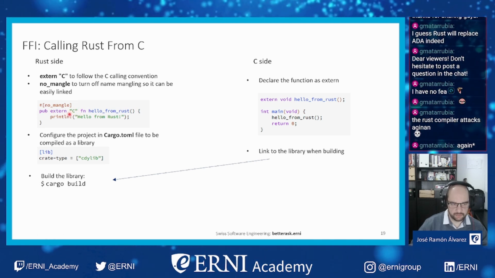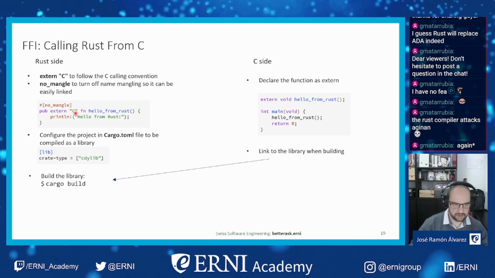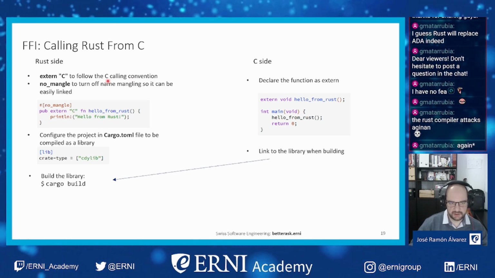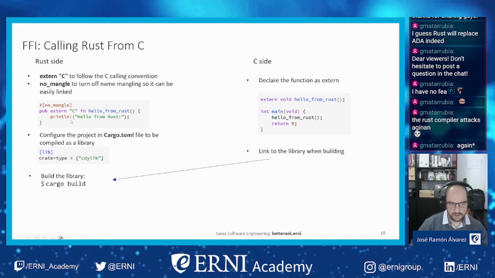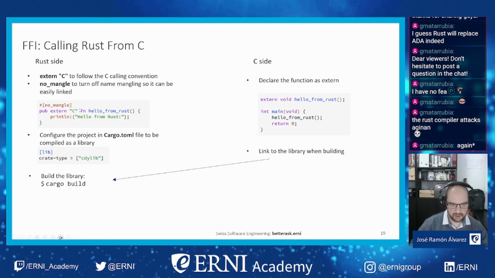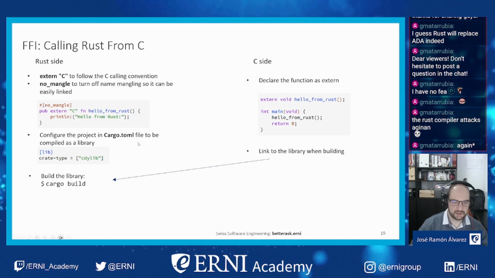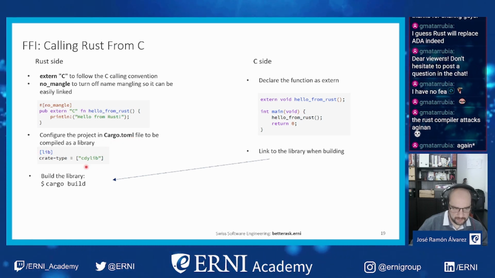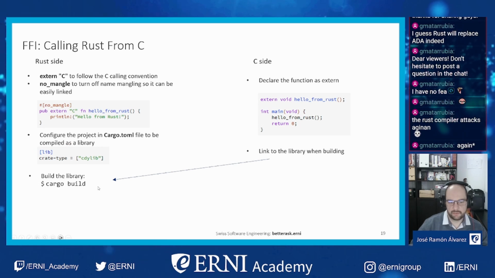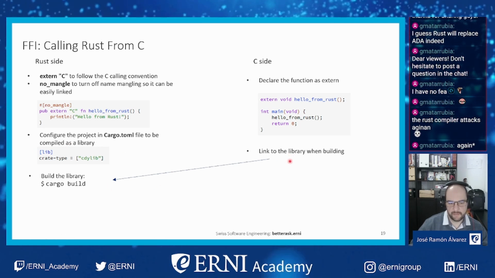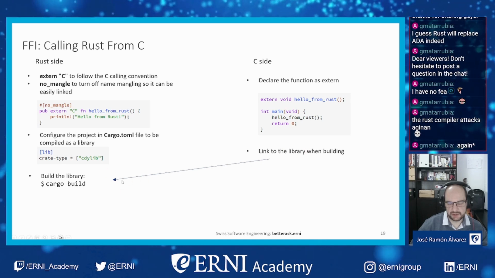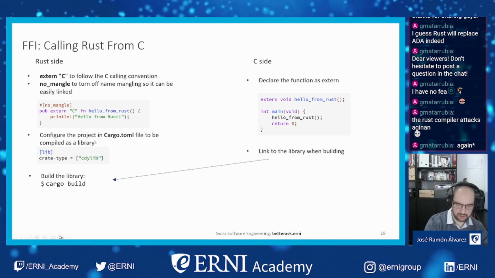We must put this extern C to instruct the compiler to follow the C calling convention, and we have to avoid the mangling of the name of the function so it can be easily linked. We must instruct cargo to compile not as an executable but as a library, and once we have the library, we link it when we build our C project, we build against the library which is programmed in Rust.